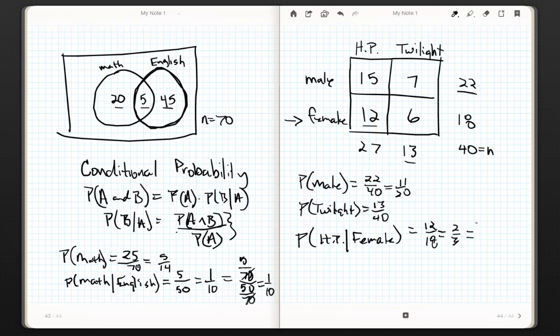Now, let's use the formula. I'm actually going to write this out. This is going to be the probability of Harry Potter and female, divided by the probability of female. And watch how the numbers work out. Again, we'll do this one more time. The probability of Harry Potter and female represents this cell right here.